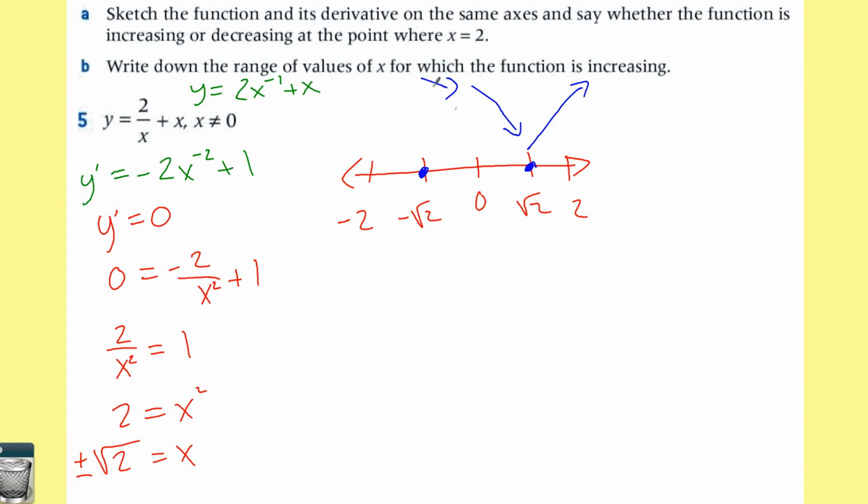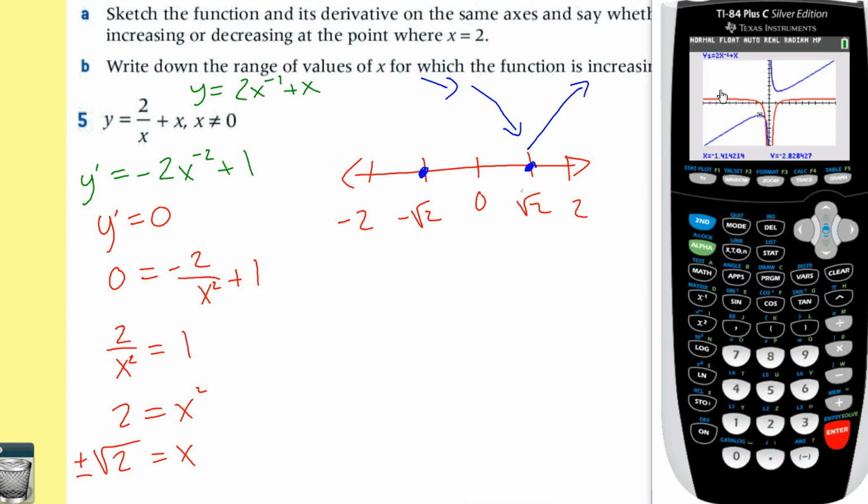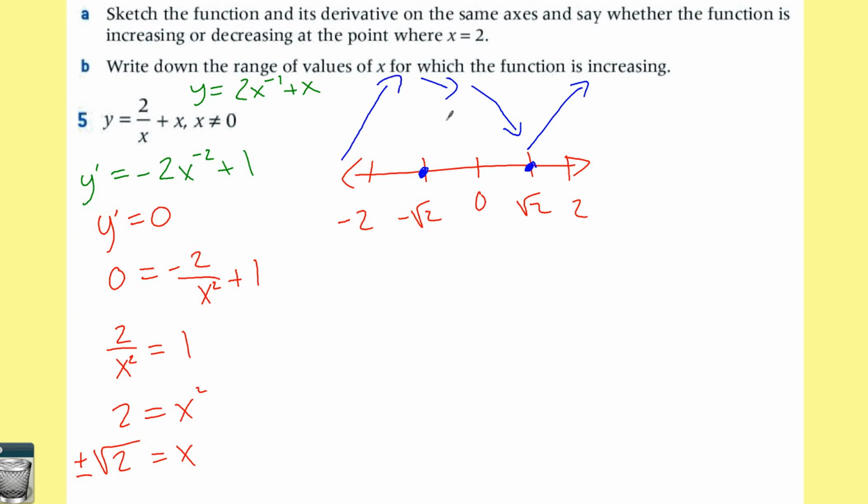So this is all decreasing. It might look a little weird in there, but I'm not really concerned. I just know that this whole part is all negative. They're all downward slopes, negative slopes. Then here, to the left of it, it's positive. So it's going to go like this. So this is a maximum, and at square root of 2 is a minimum.